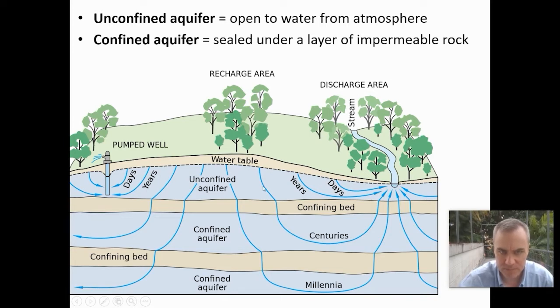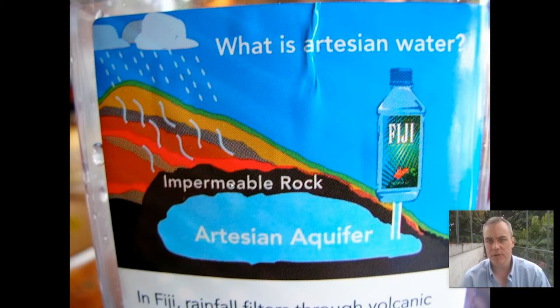If you get a bottle of Fiji water, which is a very expensive brand of mineral water, that's actually water from aquifers, right? From aquifers that are inside of these volcanic islands in the Pacific, the country of Fiji. And being down there inside of this giant pocket of rock underground, it accumulates a lot of minerals in it from the rock that surrounds all the water, like Swiss cheese.